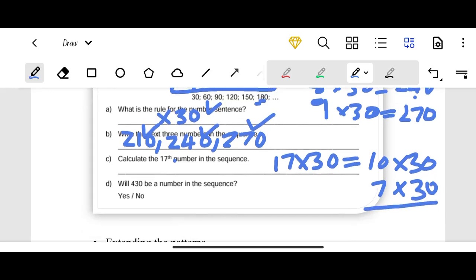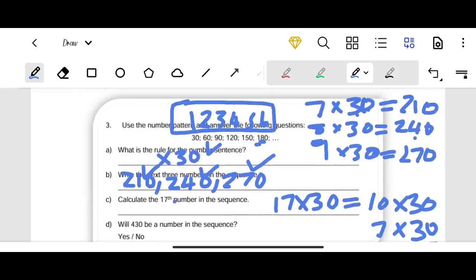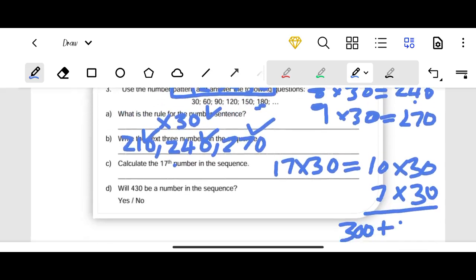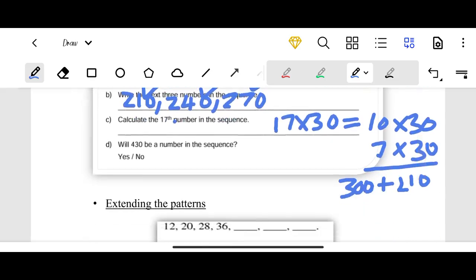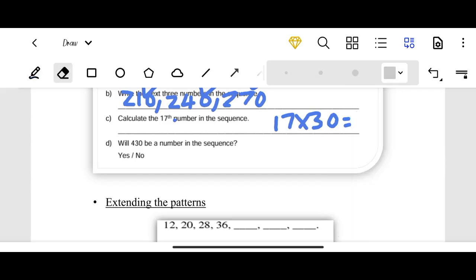So 10 multiplied by 30 is 300 plus 7 multiplied by 30. Remember, it was stated that it's 210. So now we're going to say 300 plus 210, it's going to be 510, and you are done. So let me just remove that and write the answer.